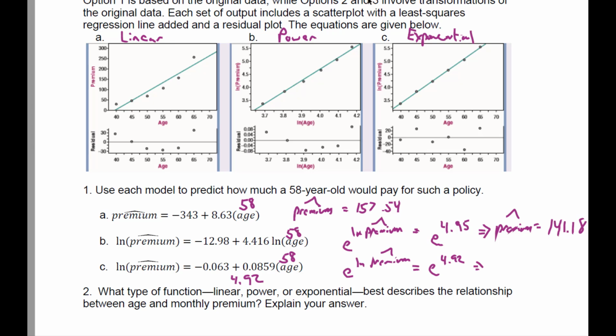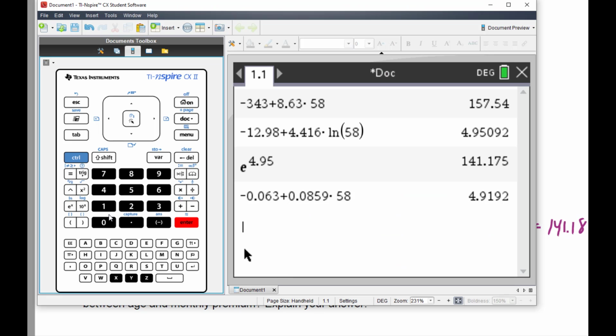So therefore, we should get our predicted premium value here. So we take E to the 4.92, and we get 137.003, so 137 exactly.